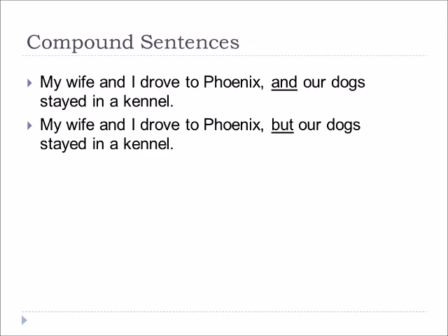In the second sentence, my wife and I drove to Phoenix, but our dogs stayed in a kennel, suggests that oftentimes when my wife and I go to Phoenix, the dogs go also. In this case, my wife and I drove to Phoenix, but our dogs stayed in a kennel.